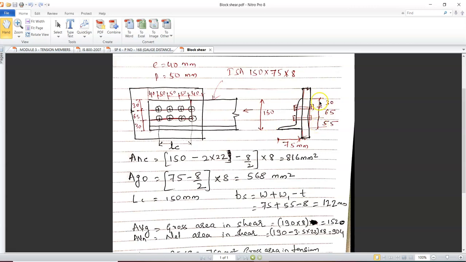Now these distances are taken from SP6. Since there are 8 bolts, rather than arranging them in one row, they are arranged in 2 horizontal rows.